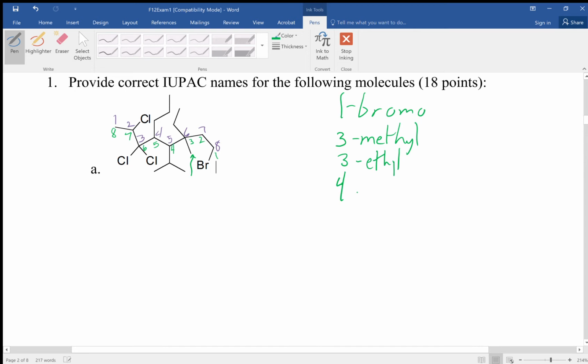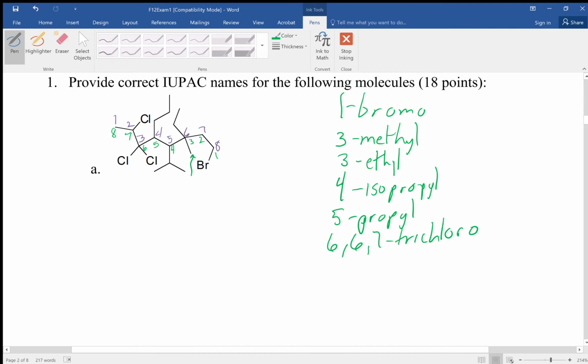At carbon 4 we have an isopropyl group. At carbon 5 is a propyl group. And then finally we have 3 chlorines: 2 at 6, and a third one at 7. And so since there's 3, we make that trichloro.